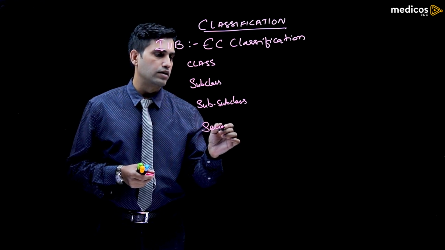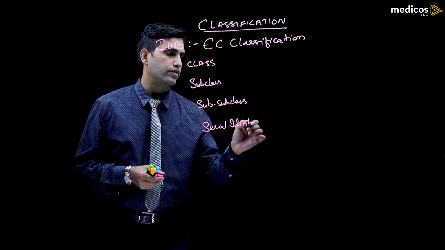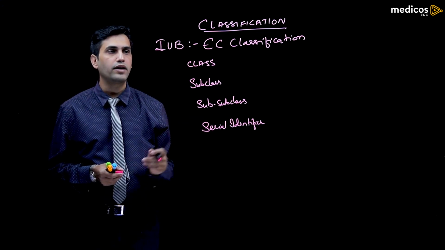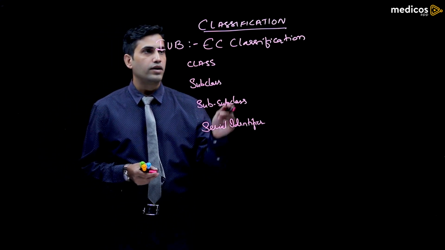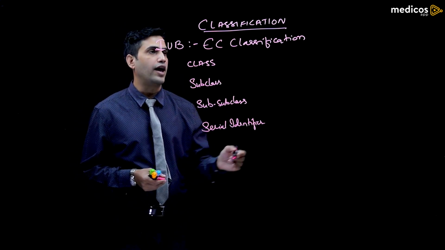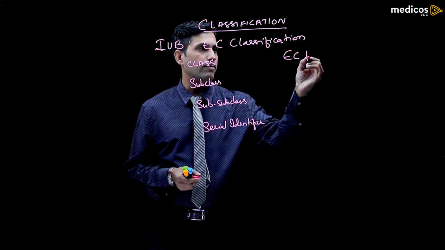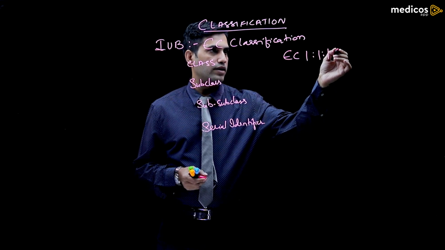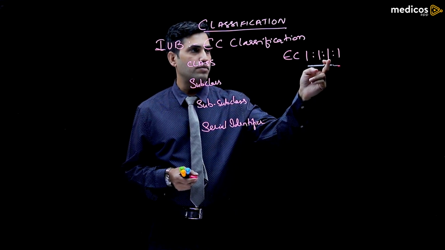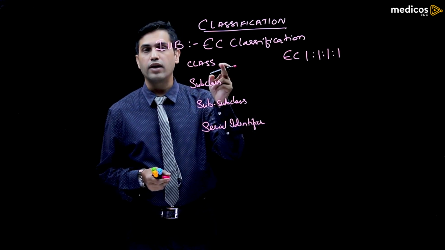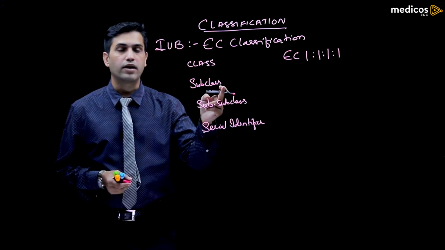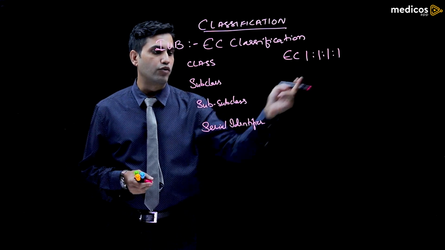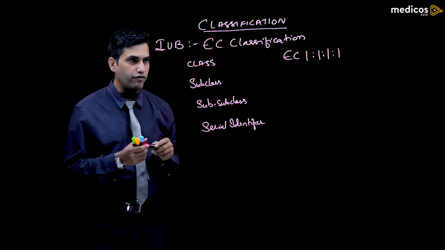Now, every enzyme will have a number: EC1, then a period, another period, another period. So, this is one number, second number, third number, fourth number. The first number represents the class, the second number represents the subclass, the third number represents the subclass, and the fourth number is the serial identifier.